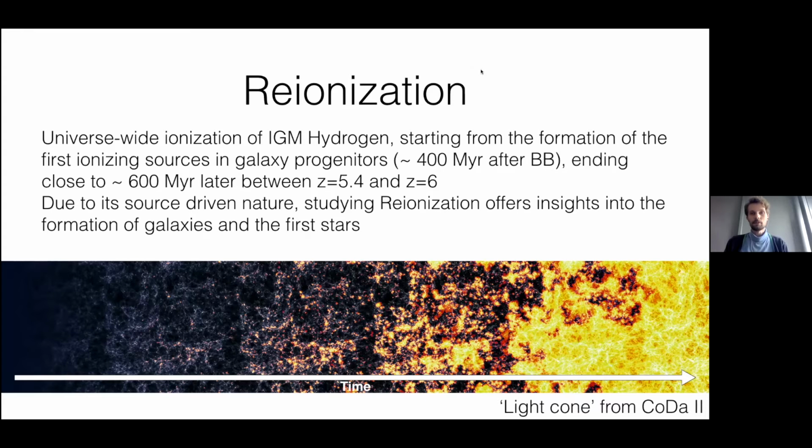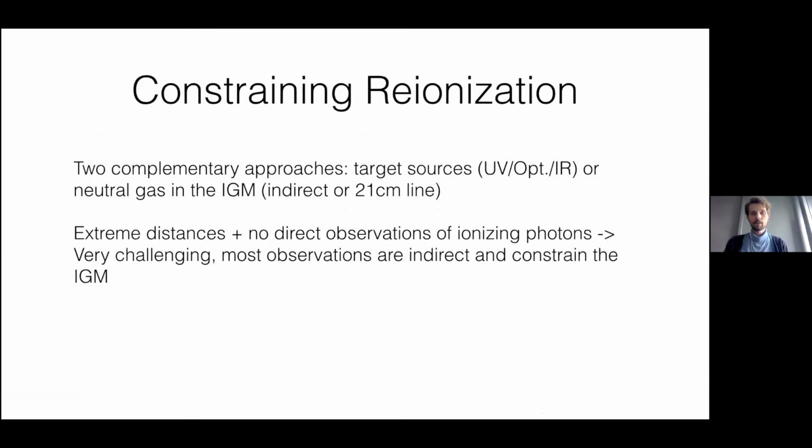And because of its source-driven nature, it gives us a window into galaxy formation at early times. Because of the extreme distance that separates us from this epoch, and the fact that there's so much neutral hydrogen between us and the ionizing sources, direct observational constraints are really challenging. They're often very indirect. And today I'm going to talk about the mean free path.